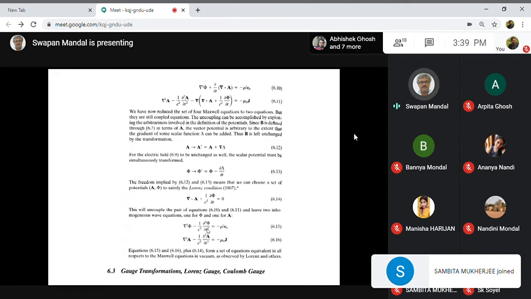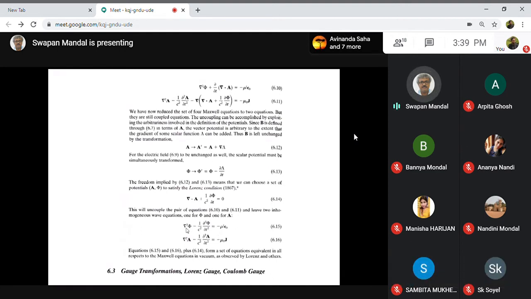Why am I calling attention to this? Because del square is the spatial part. On the other hand, 1 by c square del t square is the time part. In other words, you are talking about some sort of four-dimensional coordinate system. In a four-dimensional coordinate system, you can generalize your potential.